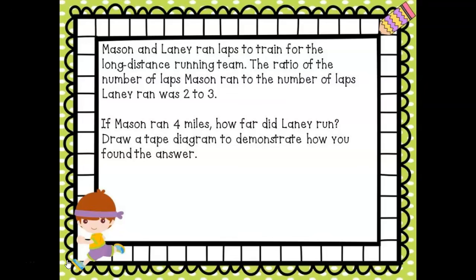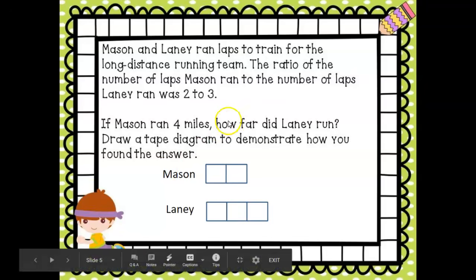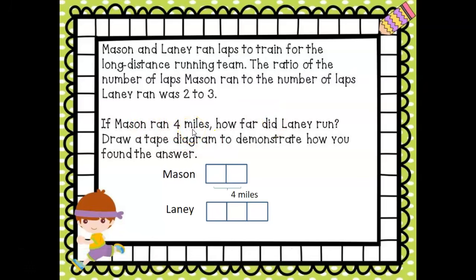Well, these numbers are super simple, so you might not need a tape diagram, but let's practice the tape diagram with a simple one. So we draw Mason had 2 boxes, Laney 3, and we get that from our ratio 2 to 3. It says Mason ran 4 miles. So that means in these 2 boxes there are 4 miles.